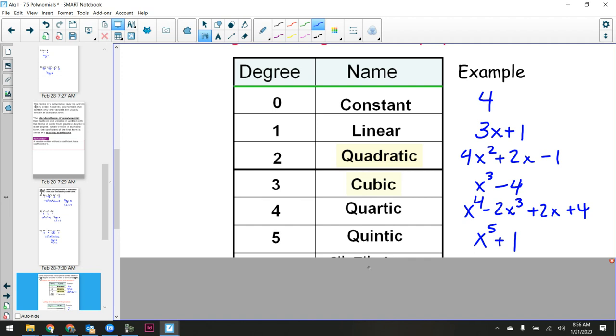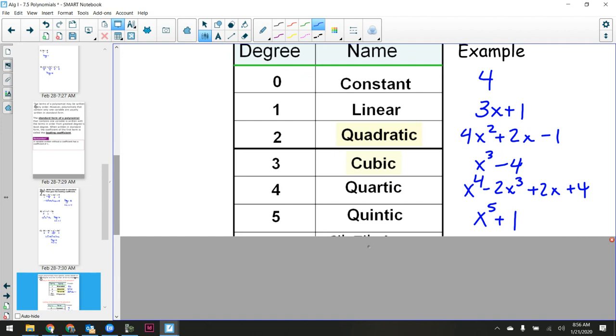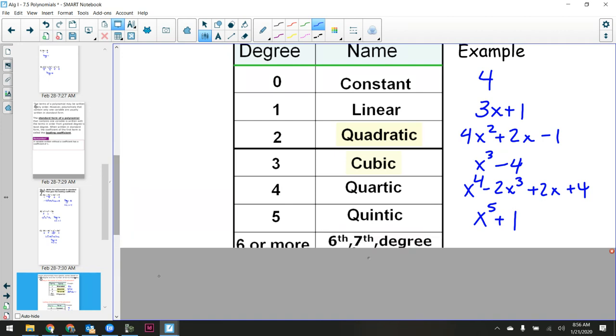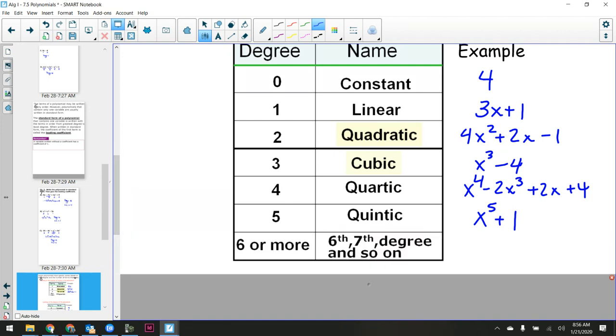Like x to the 5th plus 1. That would be a quintic binomial. Now, anything above 5, you use that number. We don't normally get things above 5.